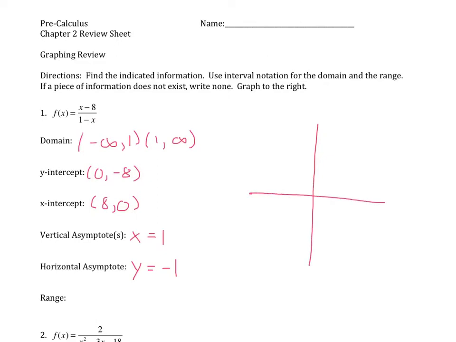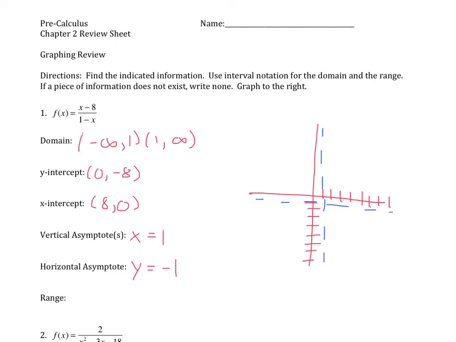So I have a y-intercept at negative 8, and an x-intercept at positive 8, and a vertical asymptote at 1, and a horizontal asymptote at negative 1.